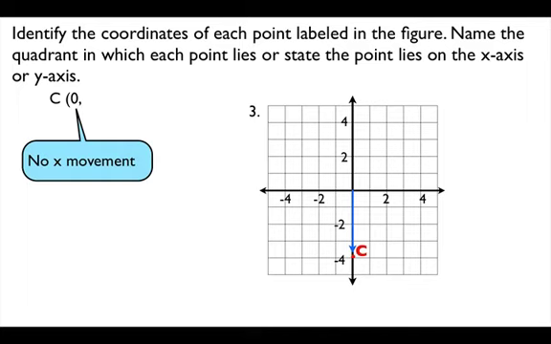Since I'm going down, the y value of this point is going to be -4. So that's why the ordered pair of point C is (0, -4). And this is not in quadrant 1, 2, 3, nor 4, but it lies on the y-axis. So that's why this is the second part of the problem. Let's go on to the next slide.